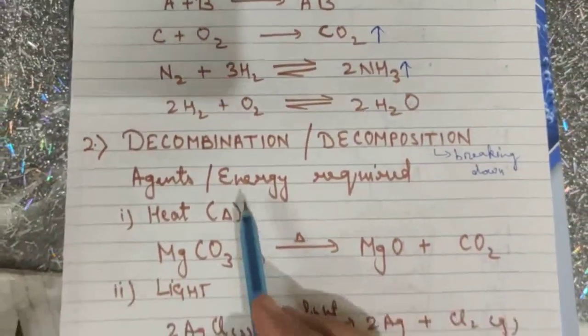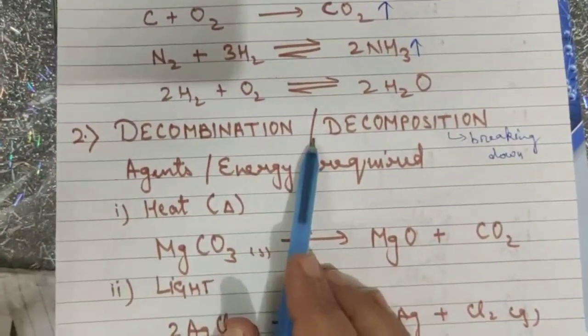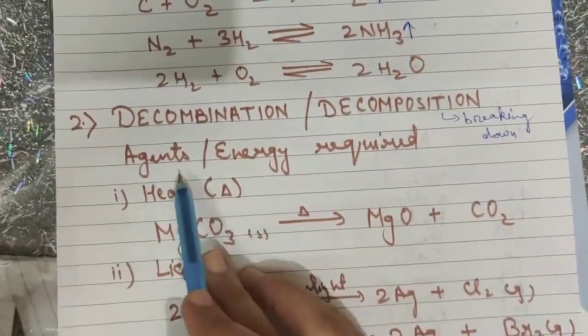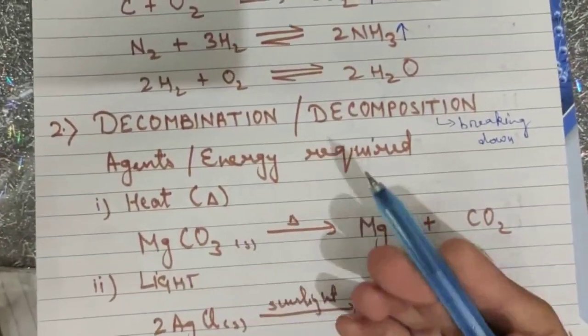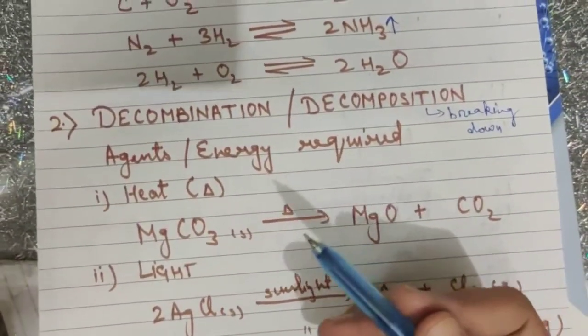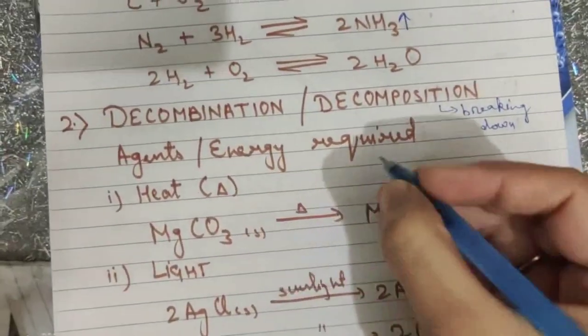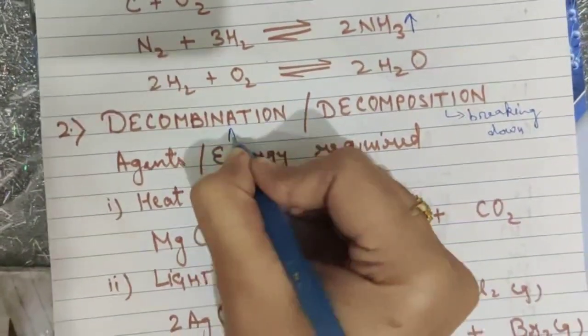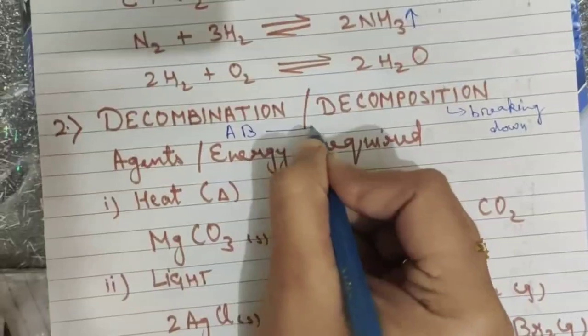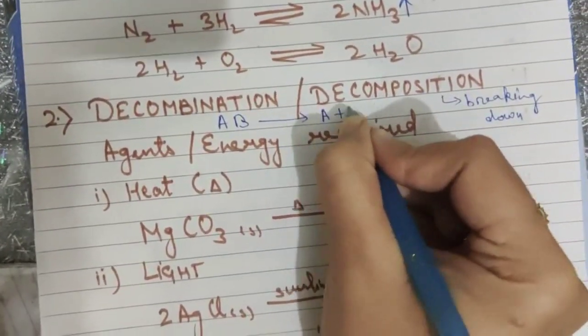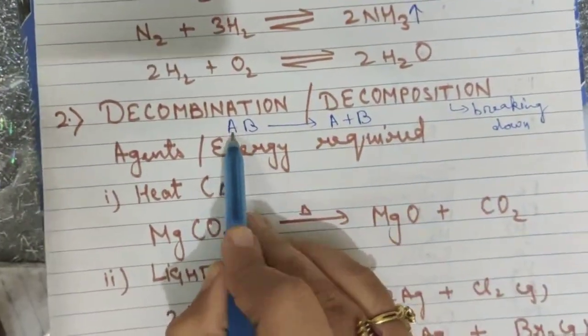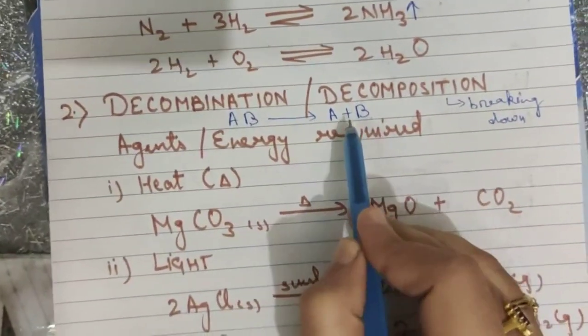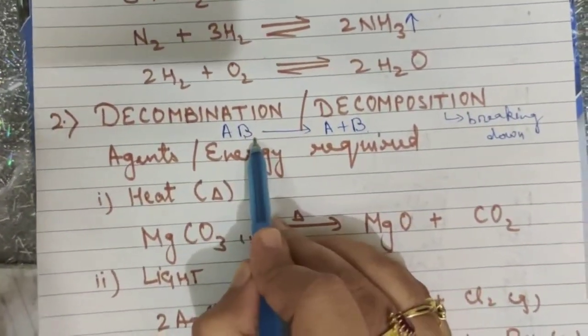This type of reaction requires some energy or some agents in the form of heat, light, electricity, etc. In this type, AB dissociates to produce A plus B, that is, AB breaks to give A plus B. So you can see that it is just the reverse of type 1.